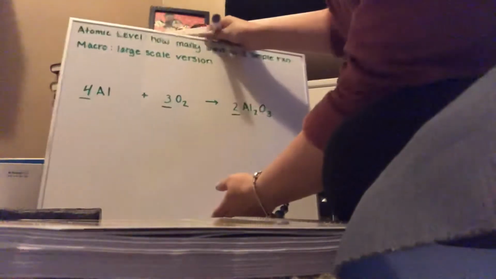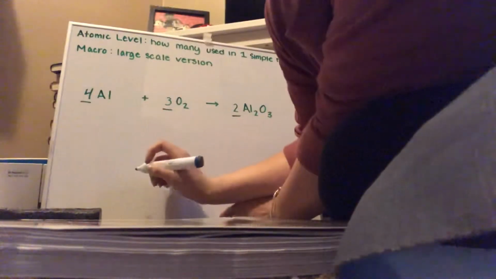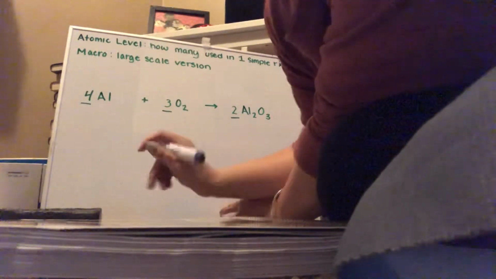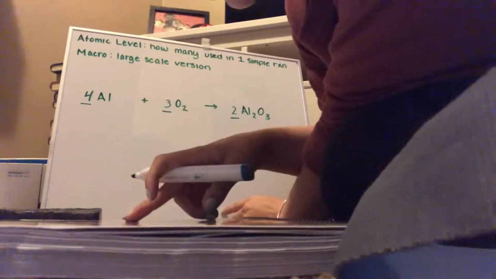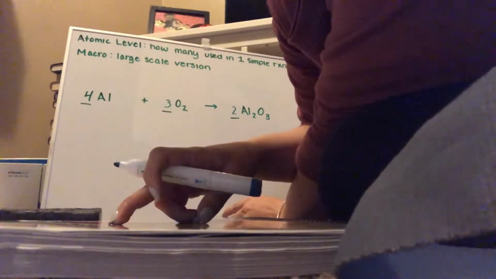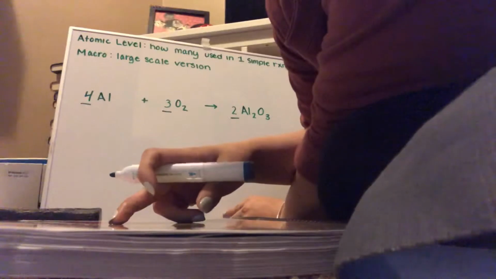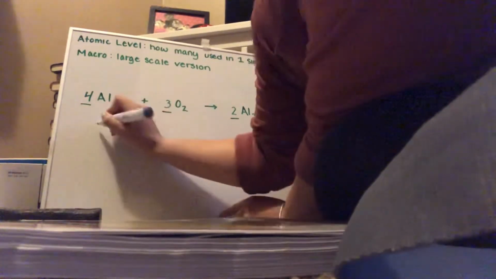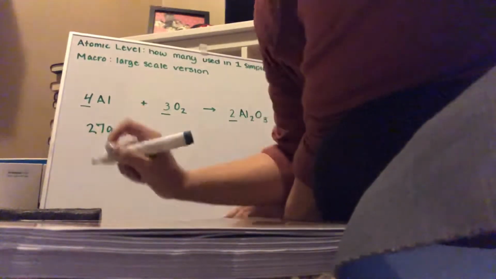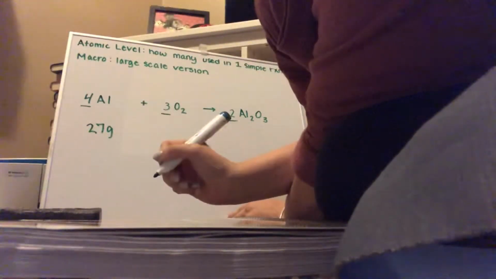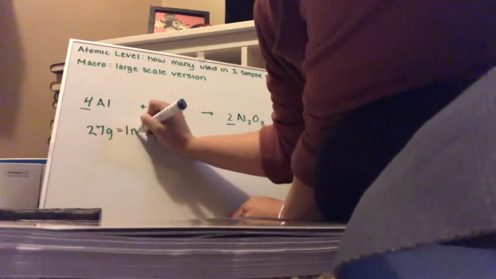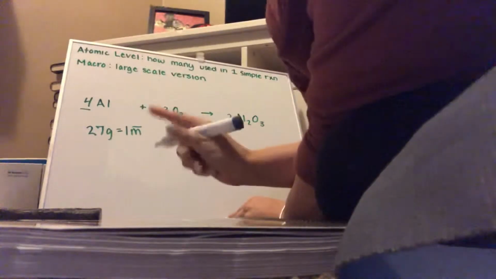So for aluminum, you're going to find aluminum on the chart, and it's 26.98, and it looks like she just rounded up to 27 grams for simplicity. 27 grams, and she has you saying that equals 1 mole of aluminum.